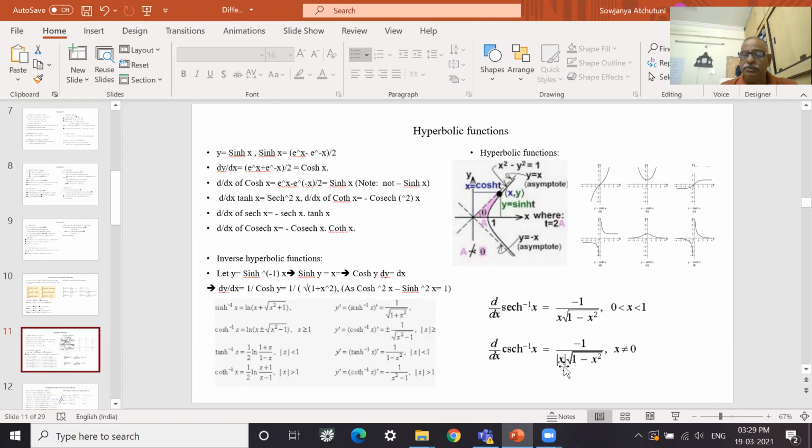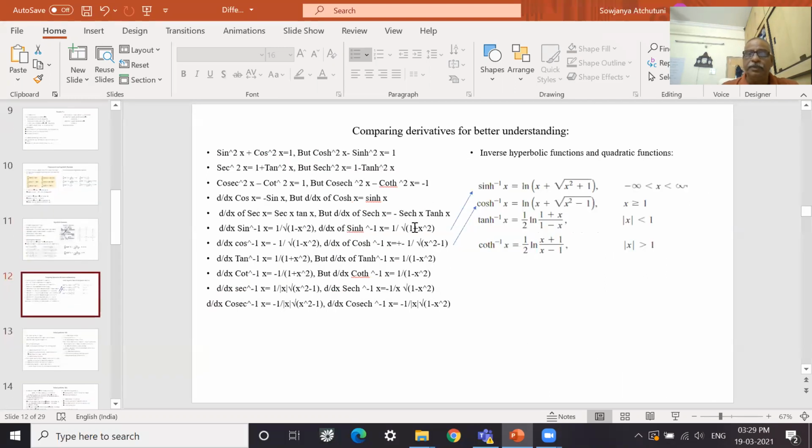Sech inverse has x root 1 minus x squared. Now we are just comparing the derivatives here. Sin squared x plus cos squared x is 1, but cosh squared x minus sinh squared x is 1. Sec squared is 1 plus tan squared x, but here sech squared x plus tanh squared x is 1.